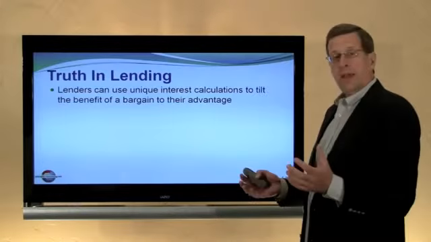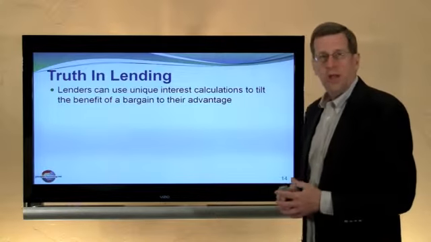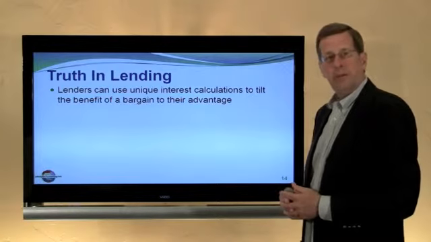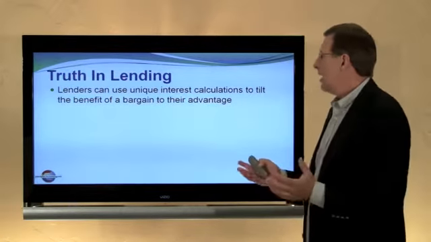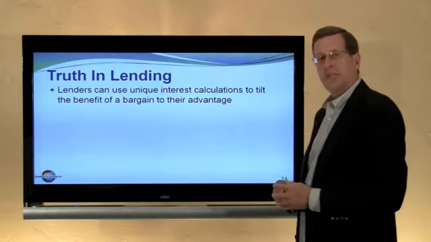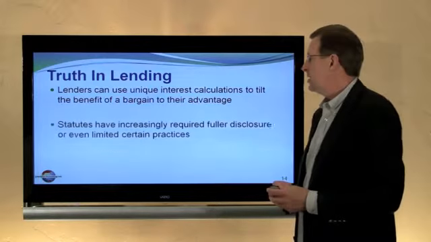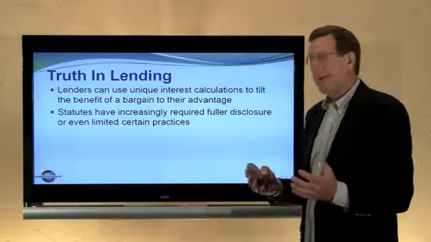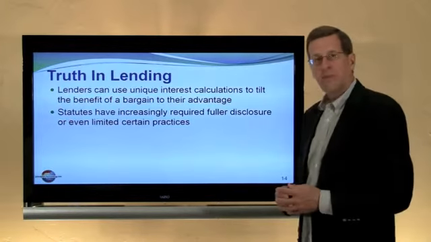Now, as you've seen, there are a number of tricks, if you will, to cause borrowing costs to be higher than they might appear to be to an unsophisticated borrower. Lenders can use unique interest calculations to tilt the benefit of a bargain to their advantage. As a result, statutes have increasingly required fuller disclosure or even limited certain practices on the part of lenders.